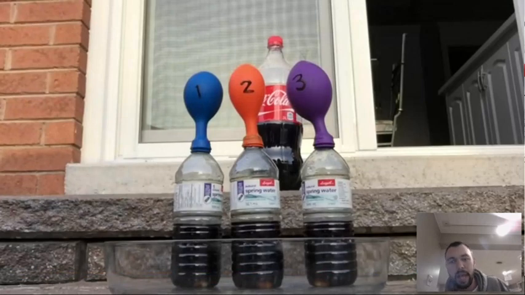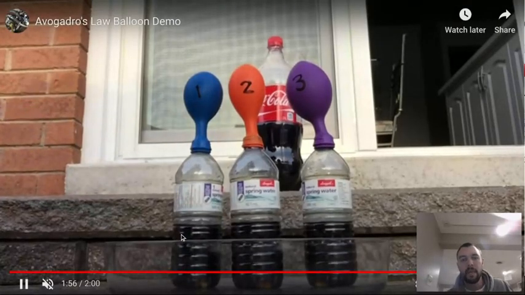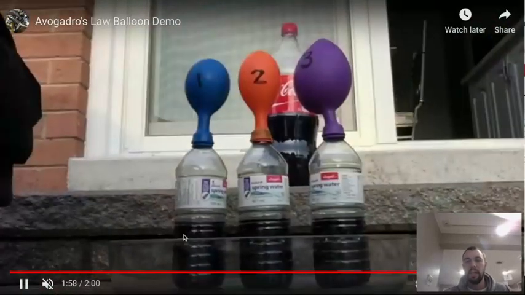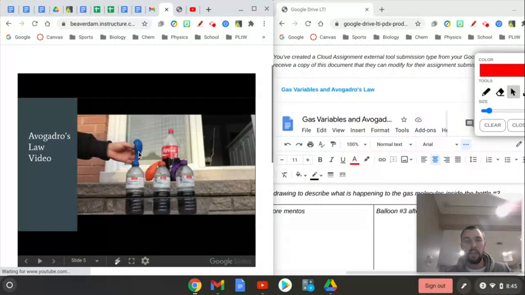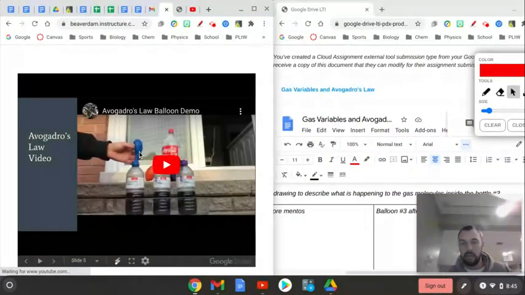These Mentos, when they go in here, start to create a gas. The more gas particles that we create, that's our number of particles that we talked about in our notes, the more they're going to push on that balloon and expand it and make it bigger, meaning that it's going to have to take up more volume.